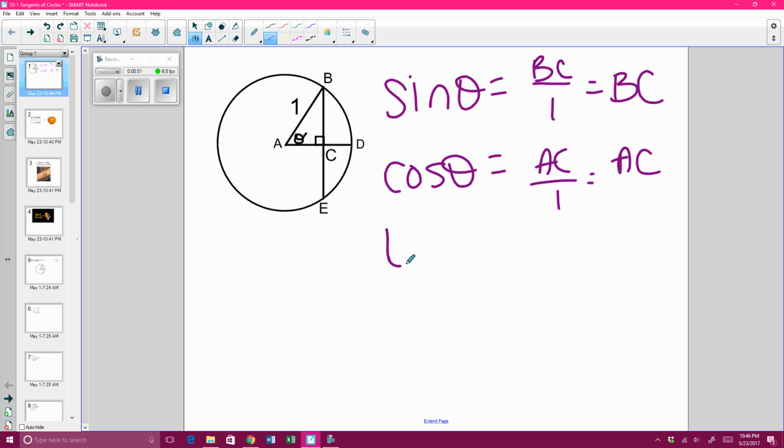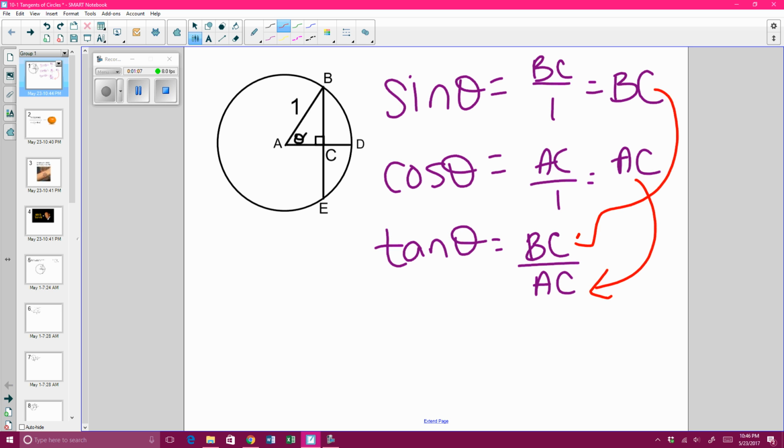And I can also find the tangent of theta, which would be the opposite, BC, over the adjacent, which is AC. But you'll realize that we already have AC and we already have BC. So realistically, you could rewrite the tangent of theta as sine theta over cosine theta.